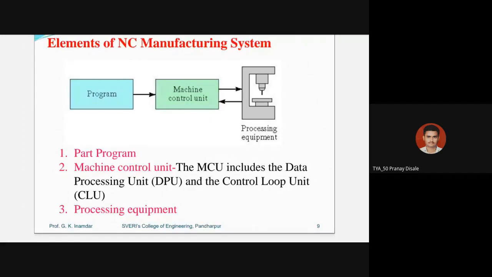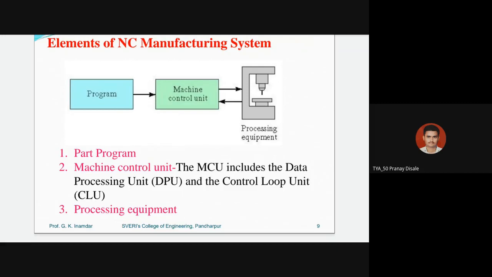That language will be read by that hardware, and it converts the program into mechanical operation and gives direction to the machine. Whatever the process equipment or machine is there, the MCU gives direction and can control that process equipment.